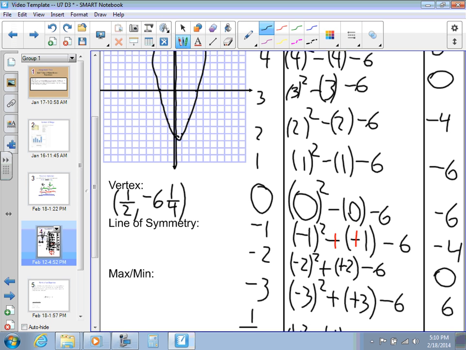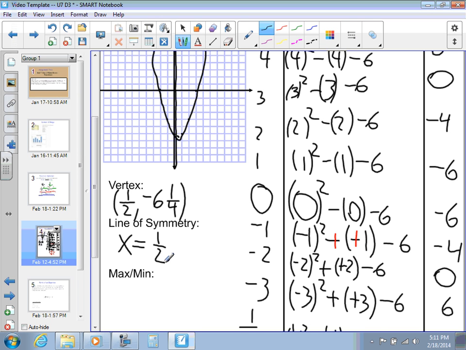And so that means when it hits the vertex, its x value is 1/2, and everywhere else its x value is 1/2 as well. So the equation of this line of symmetry is x equals 1/2. And on either side of that line, this parabola is symmetrical.